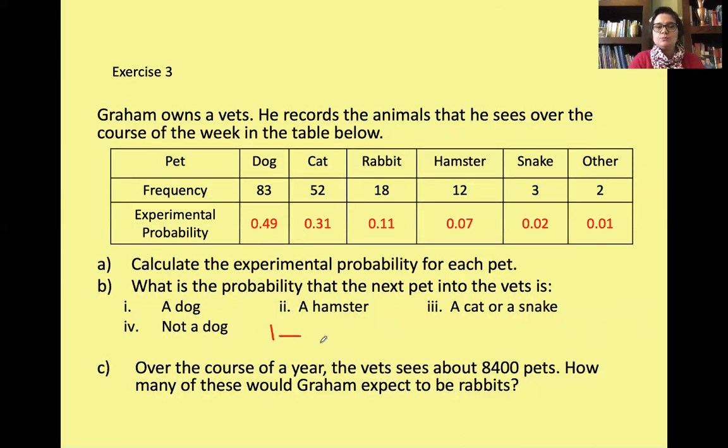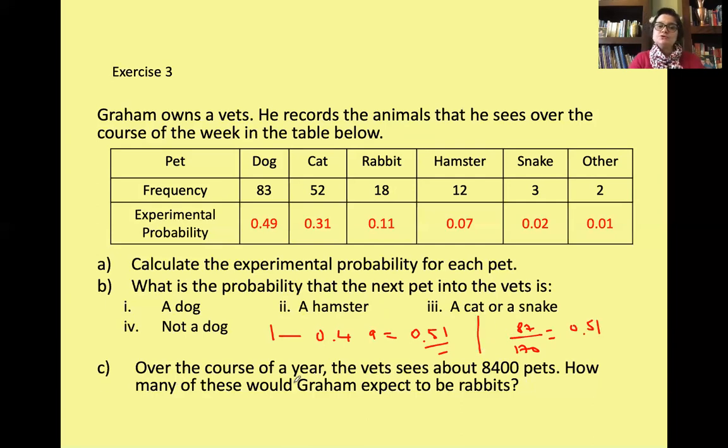So not a dog is one, take away the 0.49, and the answer is going to be 0.51, all right? Or if you add all of these together, 83 plus 18 plus 12 plus 3 plus 2, the answer is going to be 87, definitely 87 over 170. And if you divide, the answer is going to be around 0.51. So we have exactly the same answer.